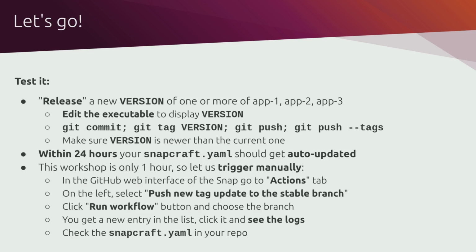Did you edit in the snapcraft.yaml the part for app 2 that it uses actually the GitHub URL and not the tarball? Yes. So only if you have done these changes, you can manually run the workflow so that it actually completes.